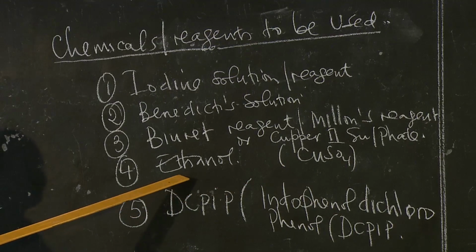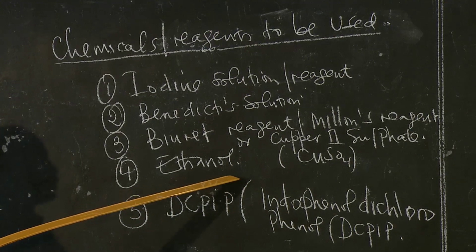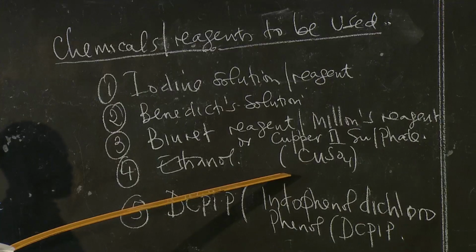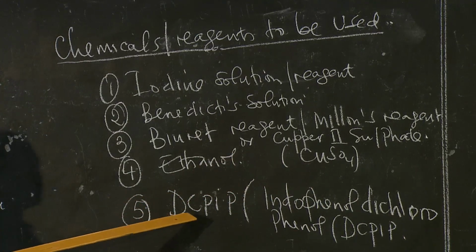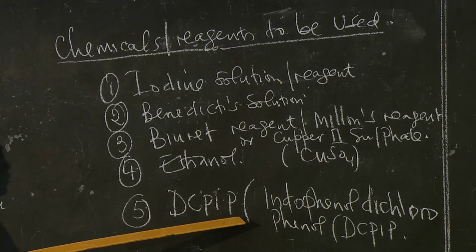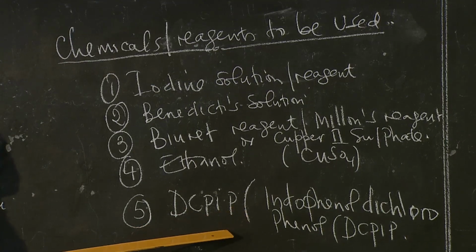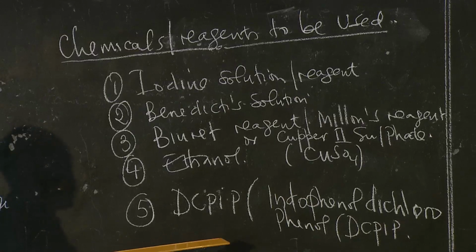We have ethanol, which is very important in testing fats, using examples like cooking oil. We have DCPIP, dichlorophenolindophenol, which is used for testing vitamin C.